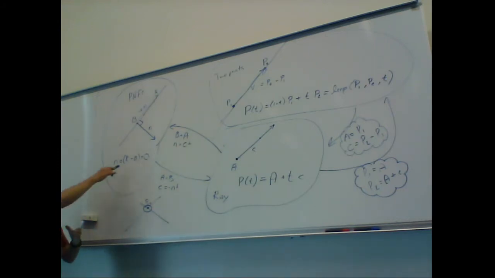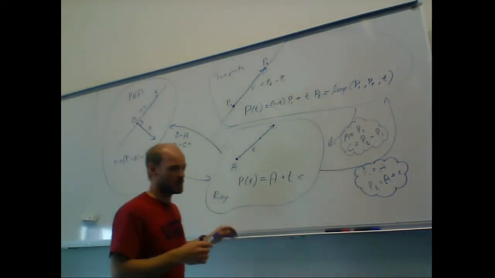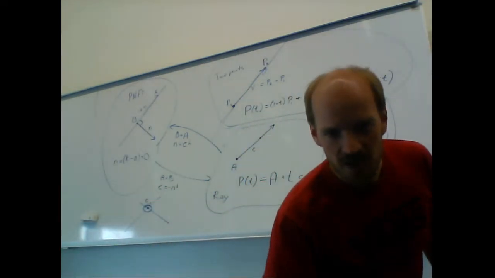If I can solve it for this line as well, then I've found a point or a time where the lines intersect, because that would be the point that is on both lines. Does my argument here make sense? Let's draw it up a little bit on the other board.